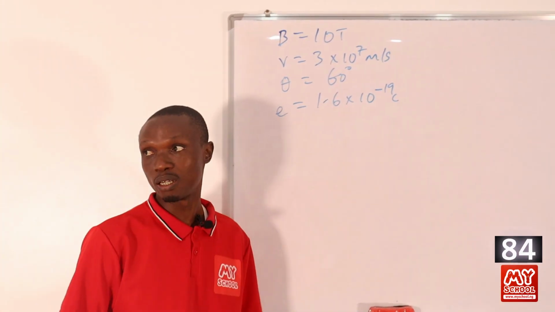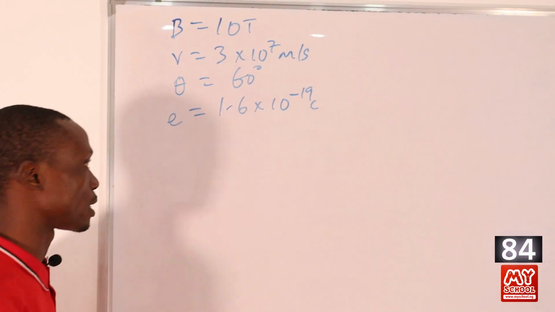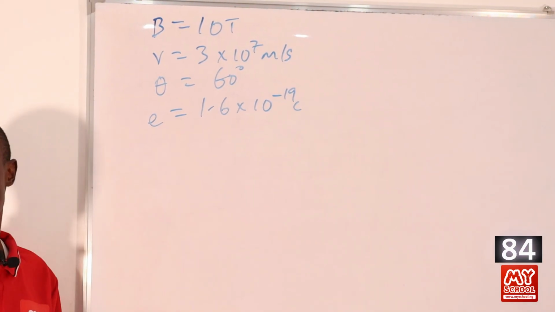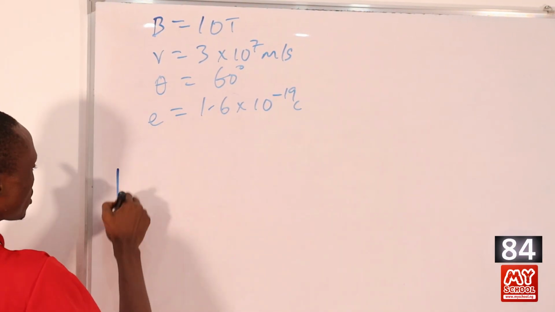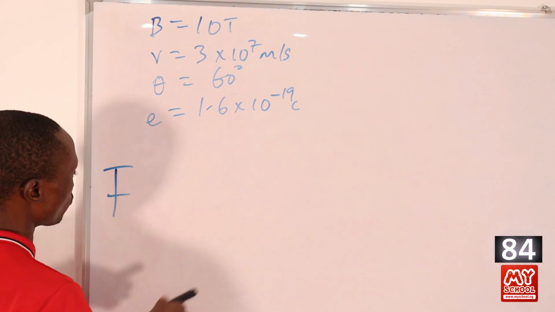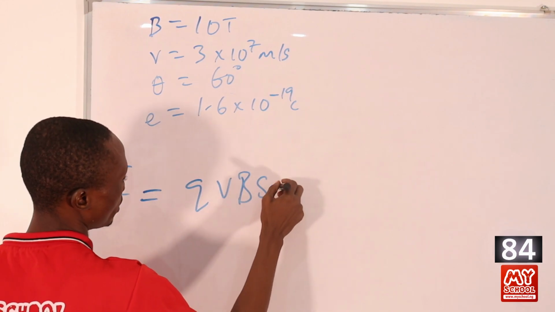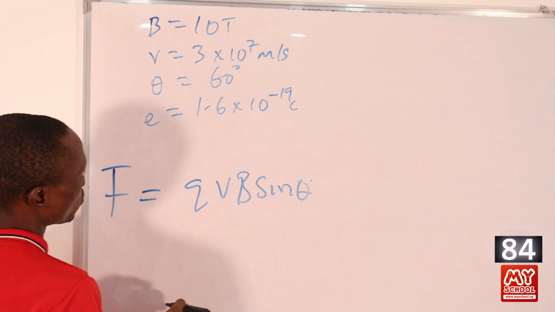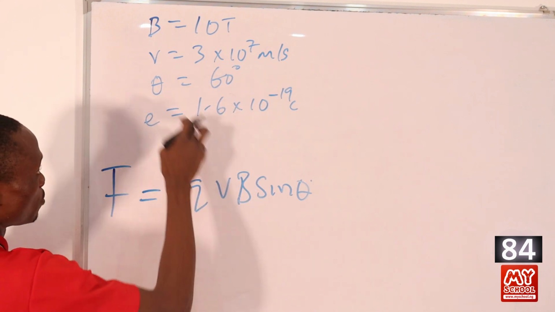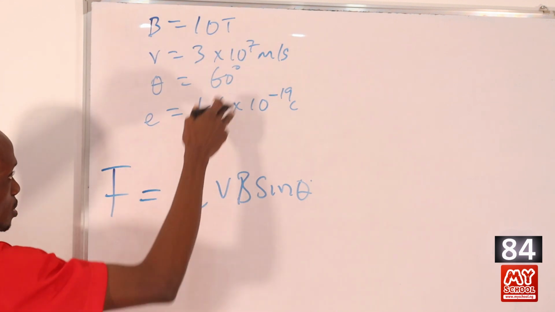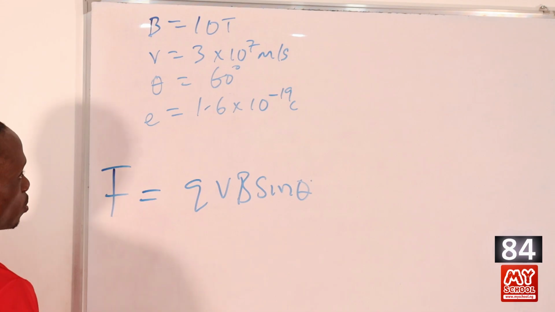So we are asked to calculate the magnetic force on an electron in a magnetic field. The magnetic force in a magnetic field is given as F equals q v B sine theta, where theta is equal to 60 degrees, v is this value, B is this, and e is given to us as this.